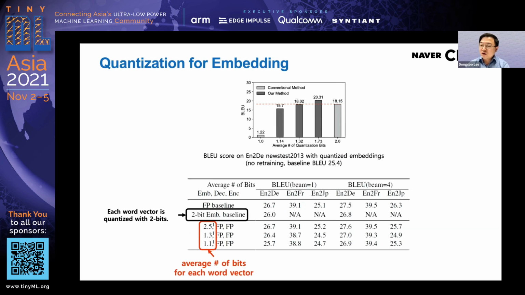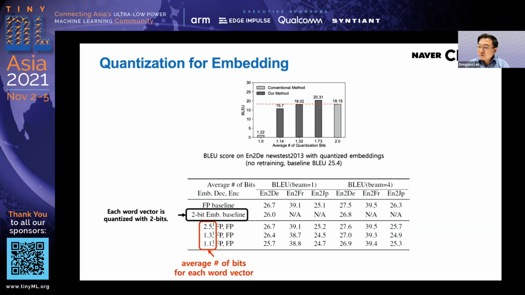In this figure, we first quantize the entire embedding layer using 1 bit or 2 bits. Then we try a different mixed precision quantization considering the relatively different frequency of tokens. As we can observe in this table here, mixed precision quantization can obtain similar model accuracy to a 2-bit quantization.